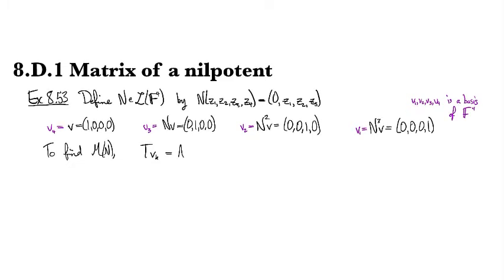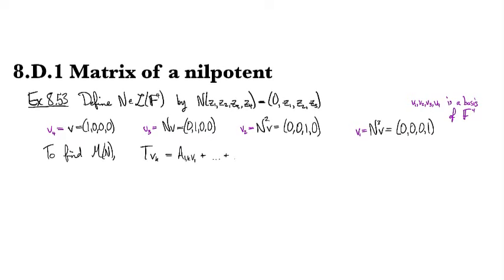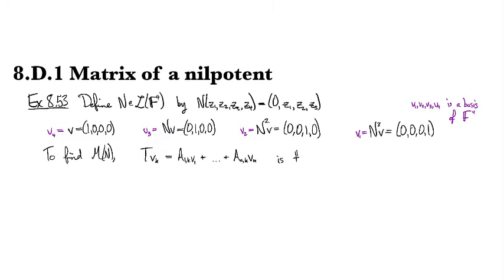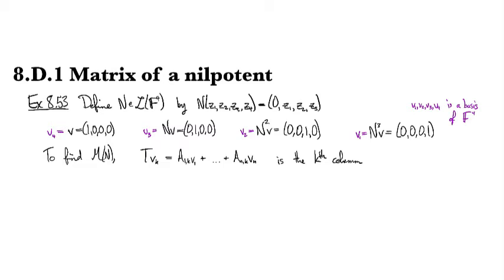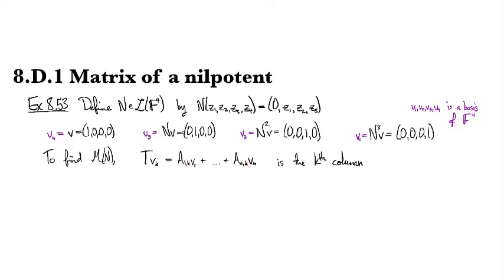And then we express that in terms of the basis vectors, that's a1k v1 plus all the way up through ank vn. And so this guy here is the kth column, and in particular the a's are the entries of the kth column.